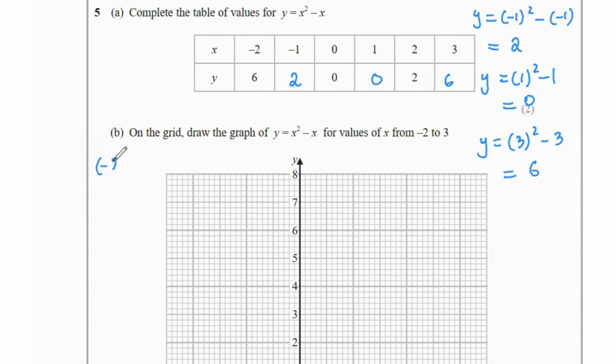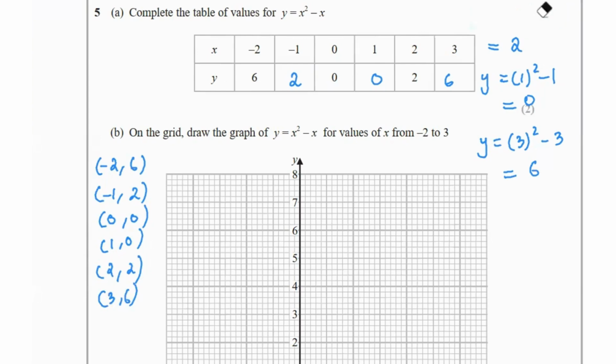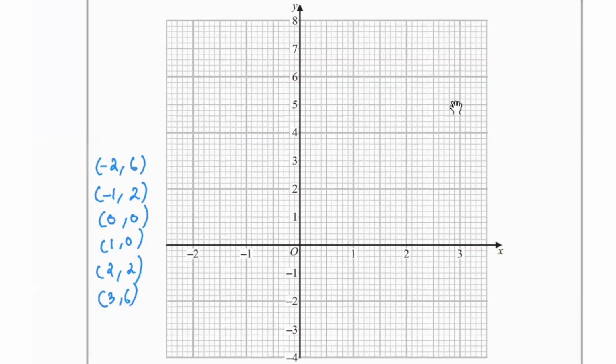Now we're going to plot these points in part B and see what our graph looks like. So let's write down the points on the side. Negative 2, 6; negative 1, 2; 0, 0; 1, 0; 2, 2; and 3, 6. If you plot this now, negative 2, 6 is over here.